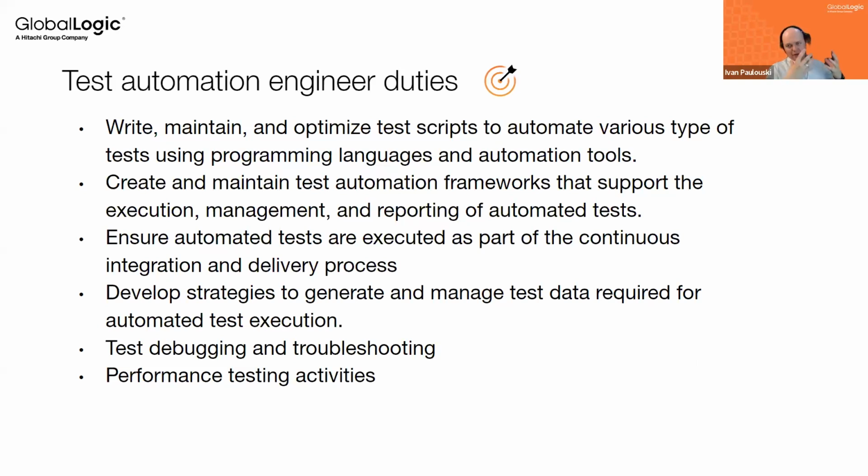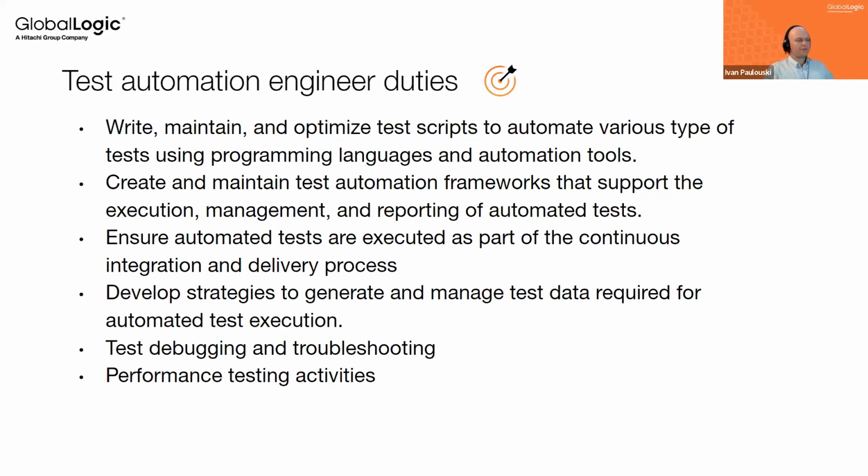So if we're speaking about test automation engineer, we're recalling everything which was previously said about manual testing plus write, maintain, and optimize test scripts to automate various types of testing using programming languages and automation tools.